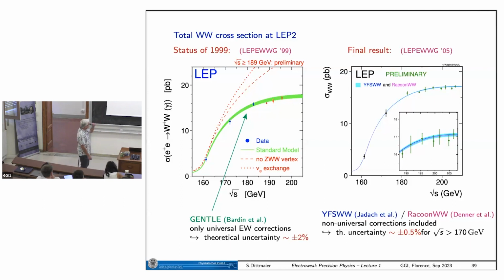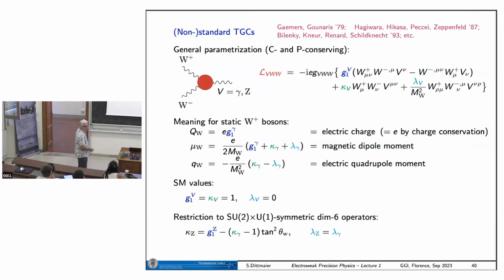So this nice agreement already put lab experimentalists in the situation that they could go into more detail in the couplings analysis, which is shown here. What people did, in some phenomenological ansatz, they parameterized deviations from the standard model prediction in this triple gauge boson vertex by introducing 3 parameters, which are indicated here at the Lagrangian level.